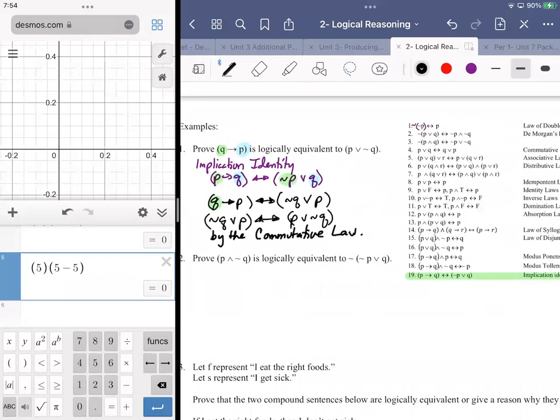All right, we could switch the order. So that's the fourth rule up there.